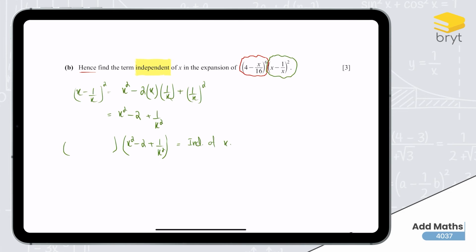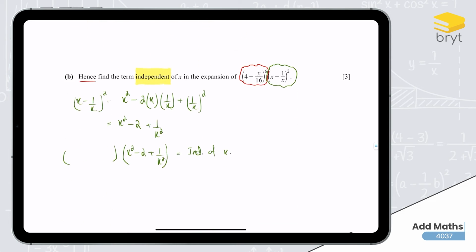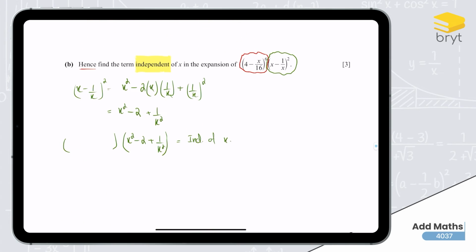Let's go back. We have the expansion over here, and over here we have x squared. So what term should I multiply x squared with so that the term I end up with is independent of x?